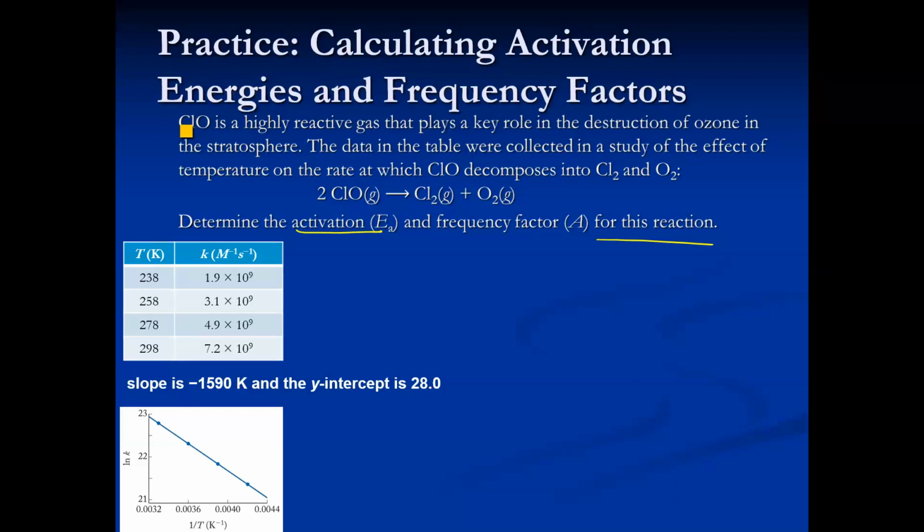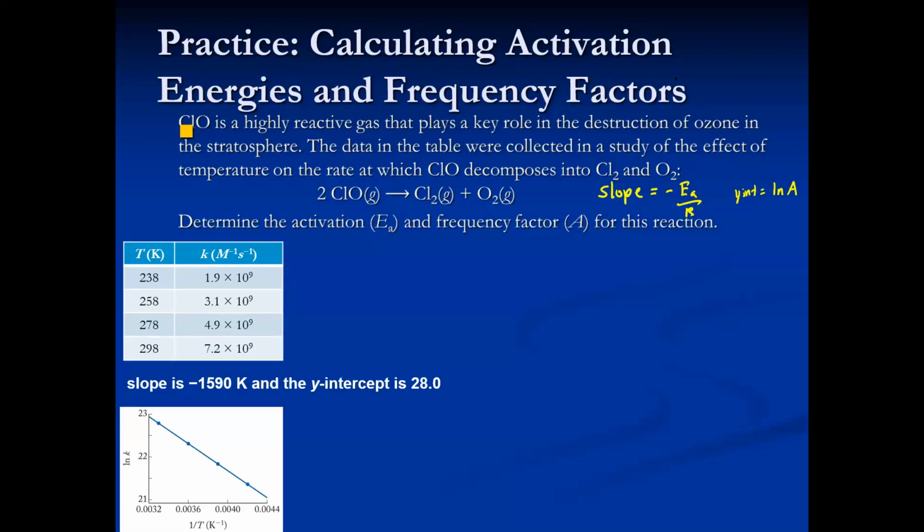And you know what? I'm going to help you with these equations because you're going to be searching for them. But I'm not going to give you these equations on your exam. So you need to know this. So in here, the slope is going to be negative EA over R, and the y-intercept is ln of A. Okay, so I'm giving you this.